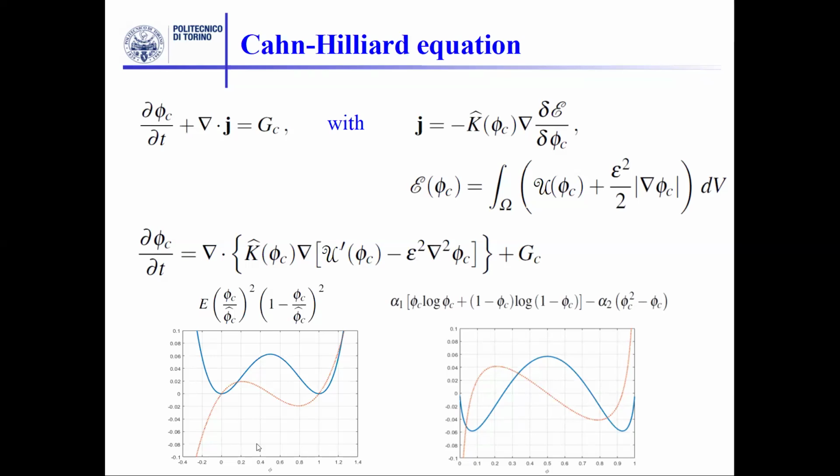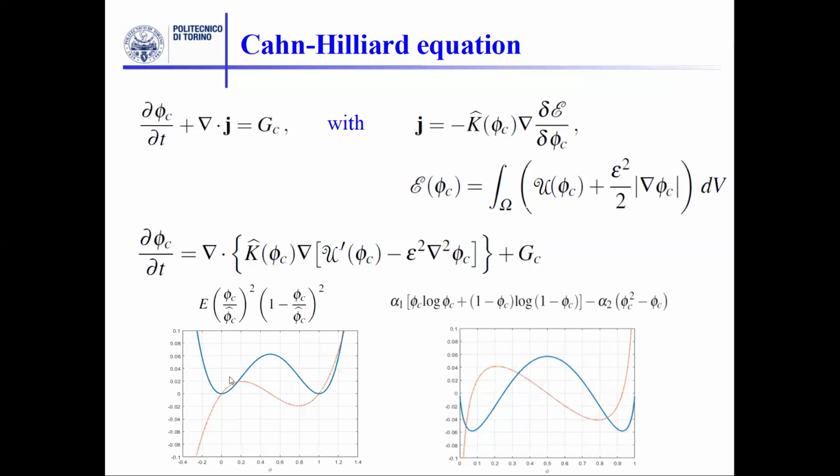The first choice will not assure you that. The second one will, because the derivative asymptotically goes to minus infinity and plus infinity at these points. This will prevent the solution from going beyond 0 and 1.